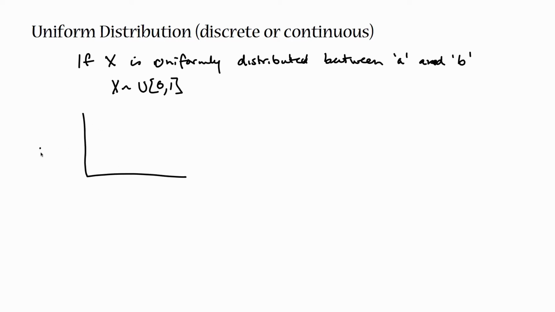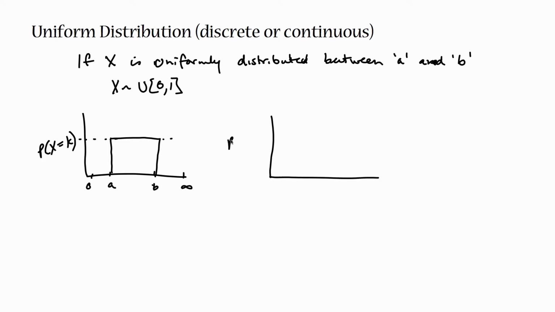So I'm going to do this visually. Right, the probability that x is equal to k. So here's 0, here's a, here's b. This is some big number. For any k in between a and b, the probability is constant. It also means the cumulative distribution function, right, probability that x is equal to or less than k.